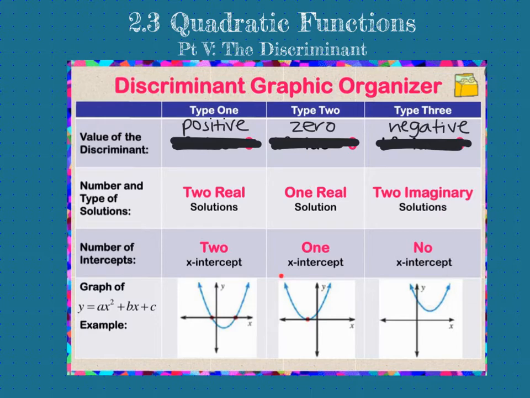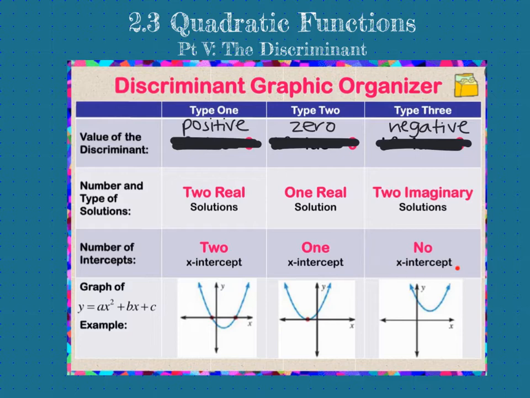That means our parabola will hit the x-axis but not cross it and keep going back up, or it might do the same thing in the negative manner, meaning it just hits the x-axis 1 time. It doesn't have 2 x-intercepts, only 1. And if our discriminant's negative, that means we had a negative under the square root. That means there are imaginary solutions, no real ones.